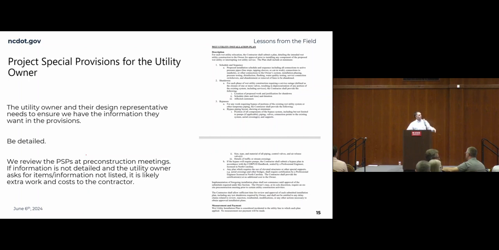I tried to copy and paste an example of this wet utility installation plan that we've got a few municipalities asking for. And we don't have an issue with that as long as it's in there. Our spec often has covered things like have a pre-construction meeting for boring operations, usually for drainage and water and sewer, but they have other expectations they want.